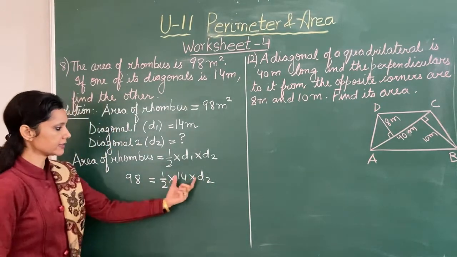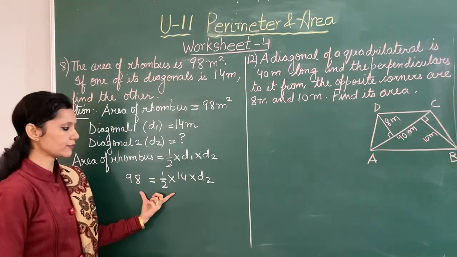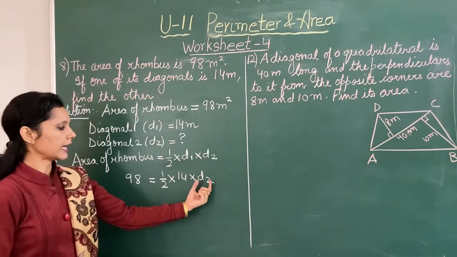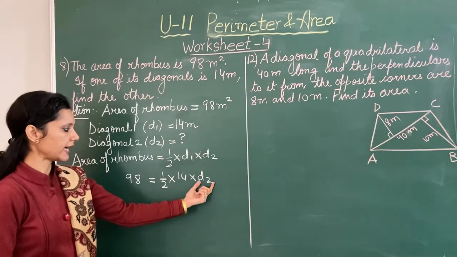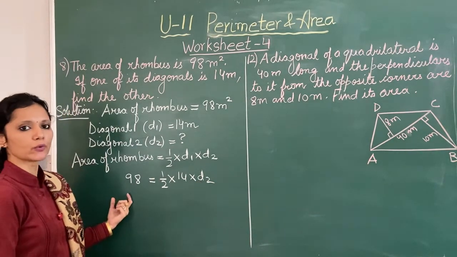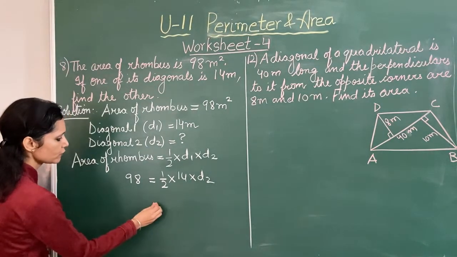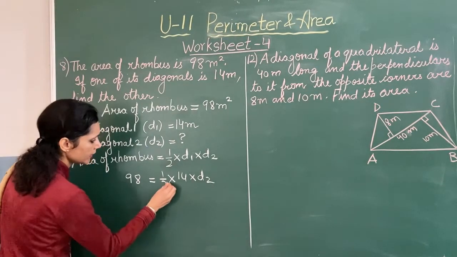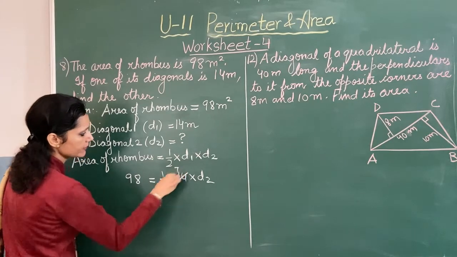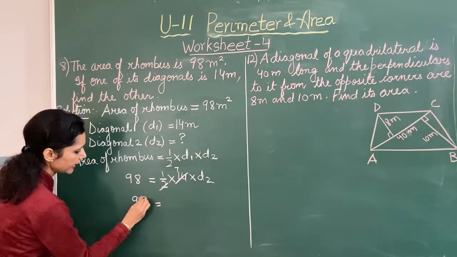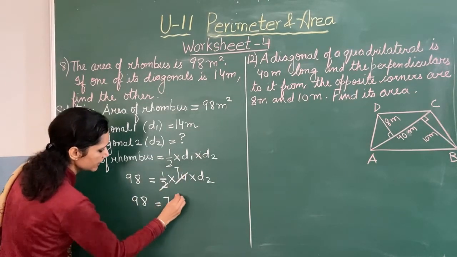So we'll solve this in the form of a linear equation. The unknown variable is D2, and let's transfer all the known quantities to the other side. So now let's do the cutting here. 2 7s are 14. So this becomes 98 is equal to 7 D2.